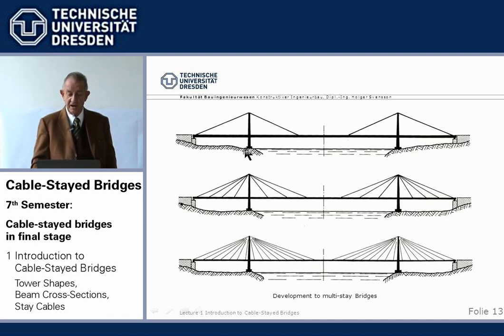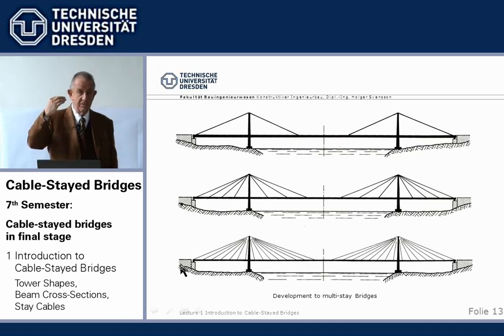And then the development went from single stays, forestays and backstays, to several forestays and backstays, providing smaller distances, until today we have what we call multi-stay cable stayed bridges, where we have many stay cables at close distances.